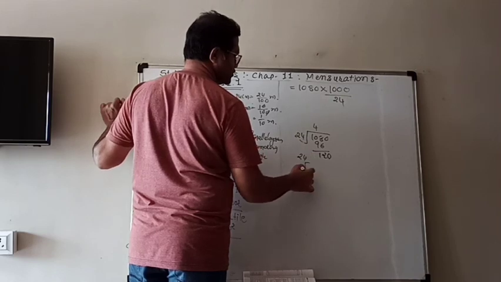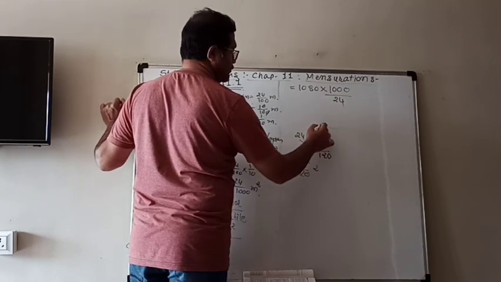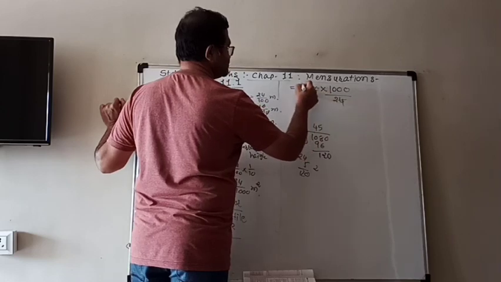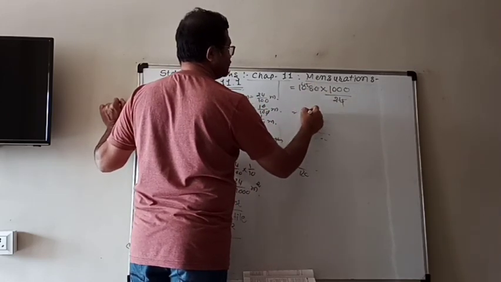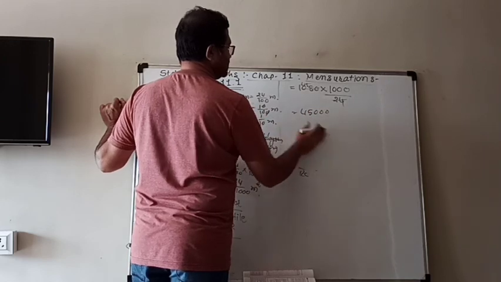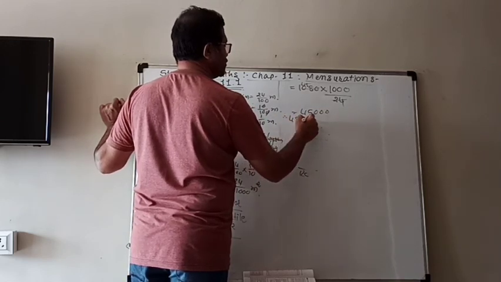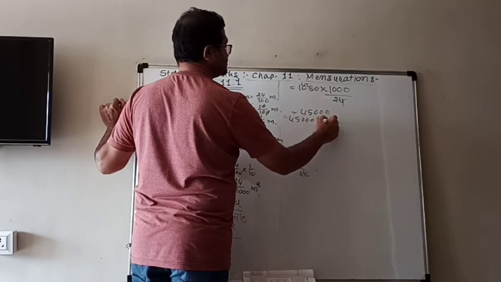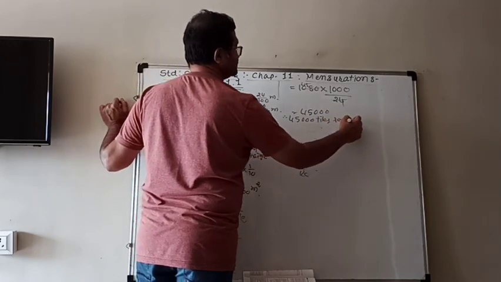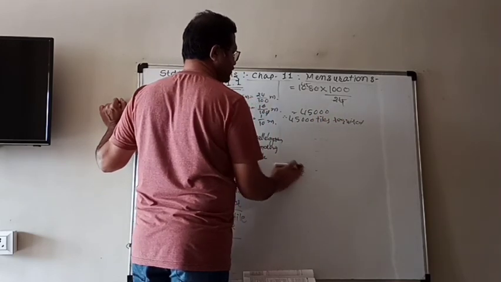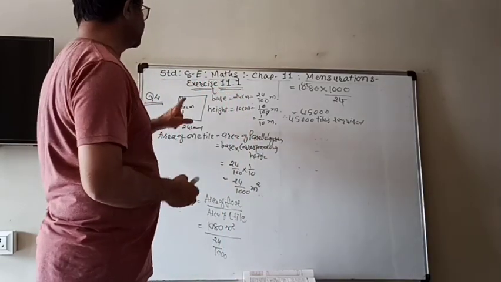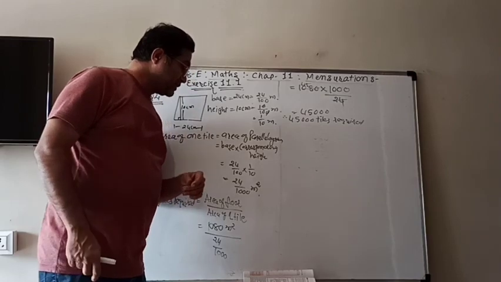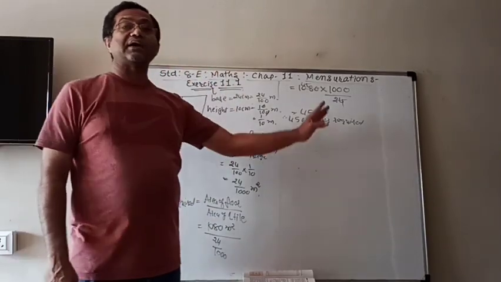Twenty-four fives are 120. So 45. So now 45 multiplied by 1000, that is 45,000. Therefore 45,000 tiles required. So to cover the floor, we need 45,000 tiles of the parallelogram shape.